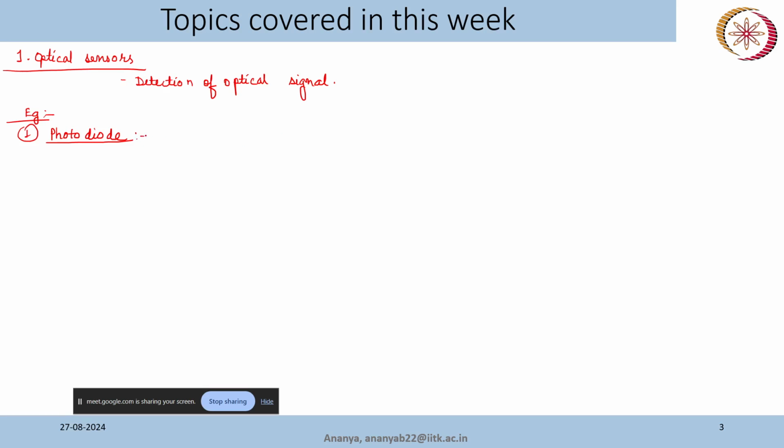So what is a photodiode? It is nothing but a PN junction diode. You all are aware of PN junction diodes, but in case of photodiodes, the PN junction is used in reverse bias condition.